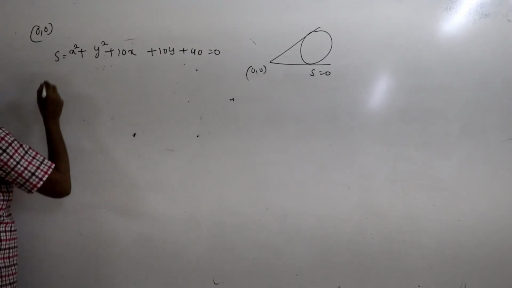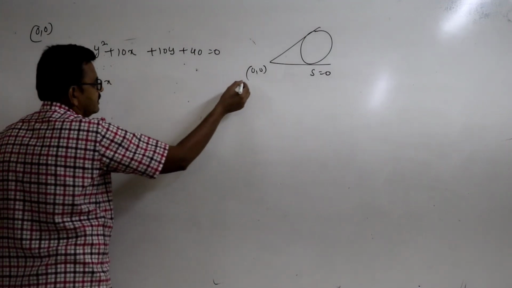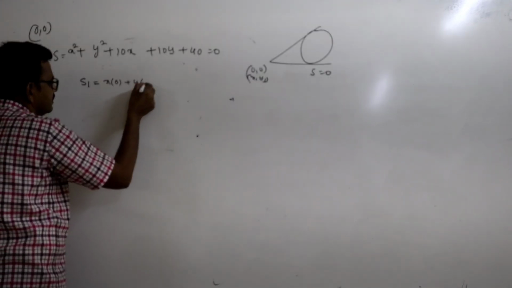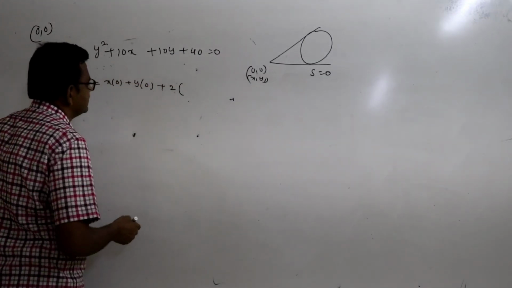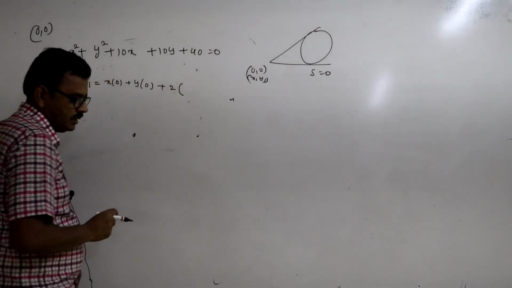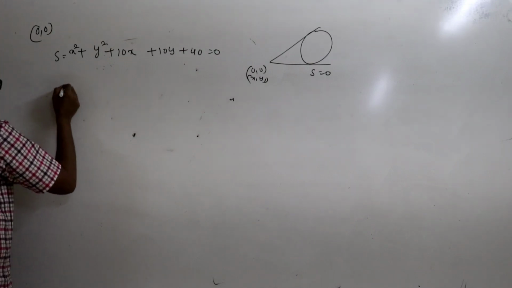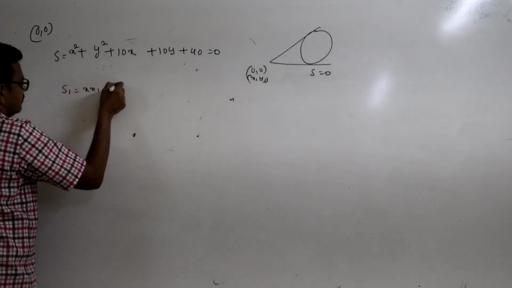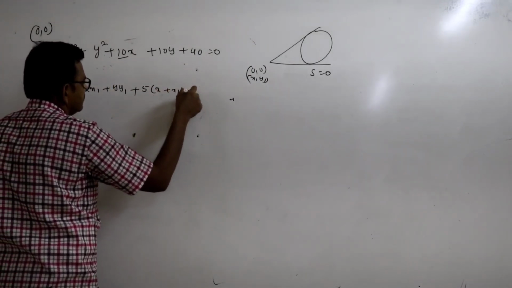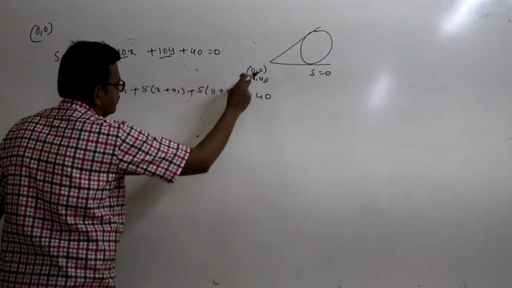So this is S equal to 0, where S1 is xx1 plus yy1 plus g(x plus x1) plus f(y plus y1) plus c, with g equal to 5, f equal to 5, c equal to 40, and x1, y1 is 0, 0.